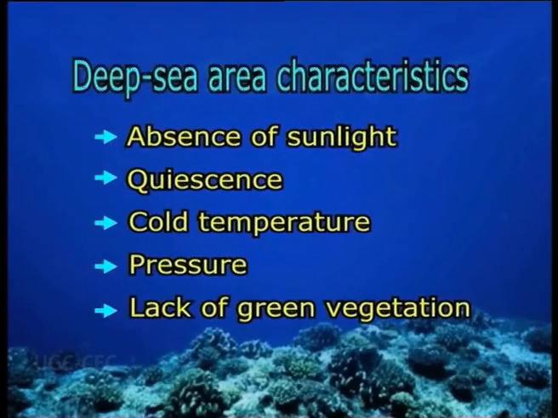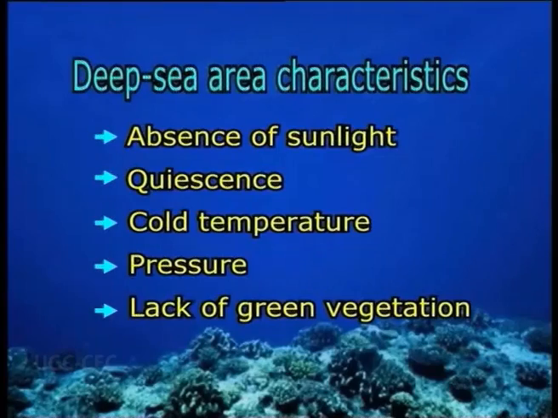Physical characteristics of the deep sea area include the prevalence of 5 remarkable conditions. Absence of sunlight. The limit of penetration of sun's rays is about 200 fathoms. Beyond that depth there is no sunlight. Quiescence.